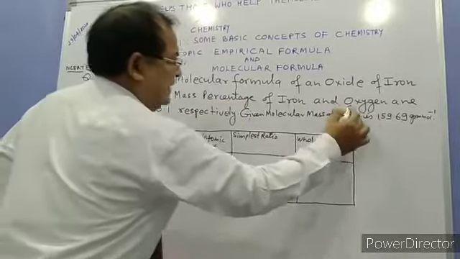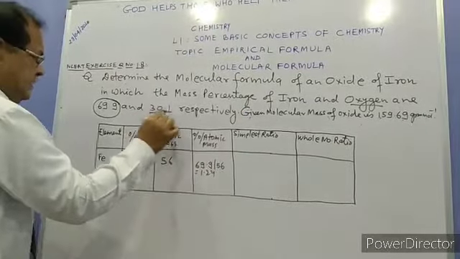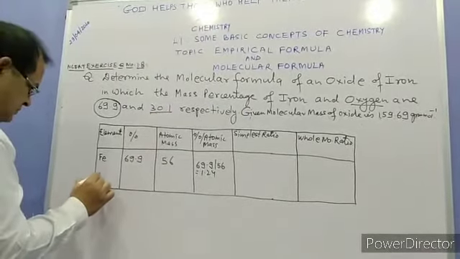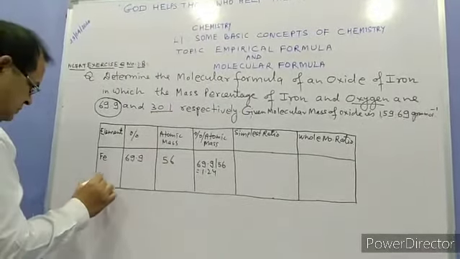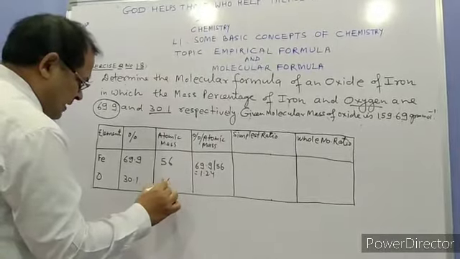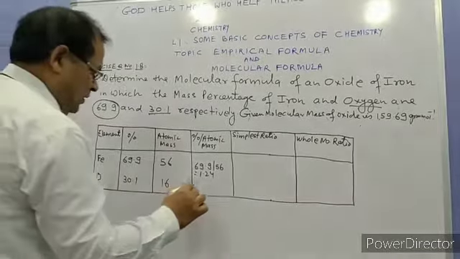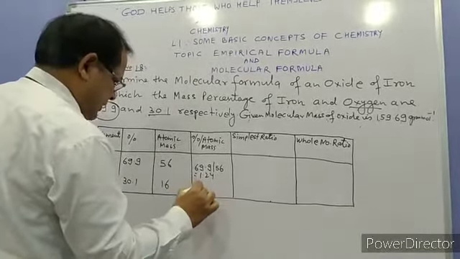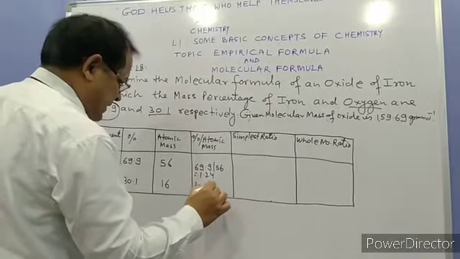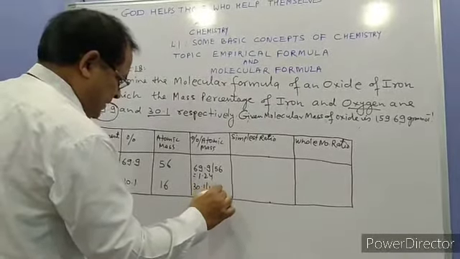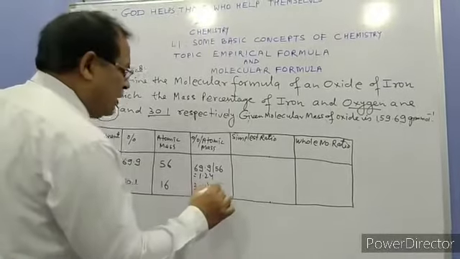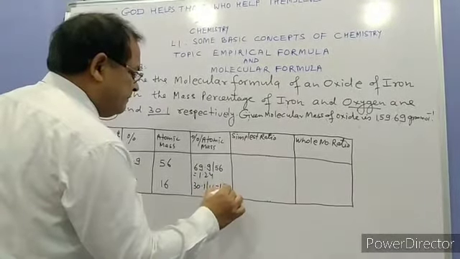Now oxygen: 30.1, atomic mass of oxygen 16. 30.1 divided by 16 equals 1.88.